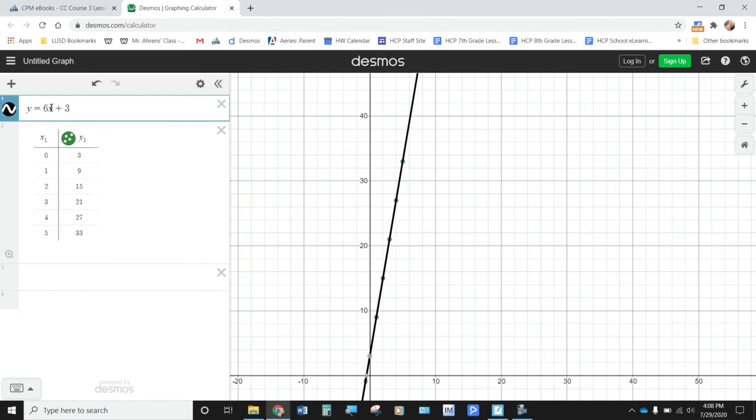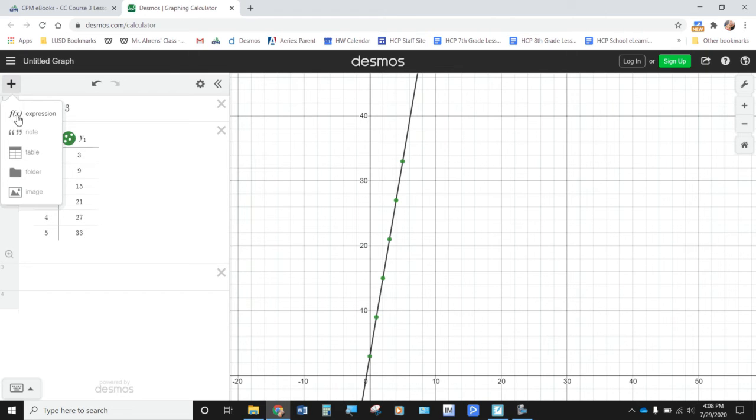And look what it did. Our rule now matches up perfectly with our points from the table that we inserted. It's passing through every one of them. So your Desmos calculator can be a helpful resource for figuring out the rule, where you can do a little bit of guess and check and a little bit of maneuvering with this rule here. And once again, when you wrote the expression f of x, we'll get into that in a later chapter.